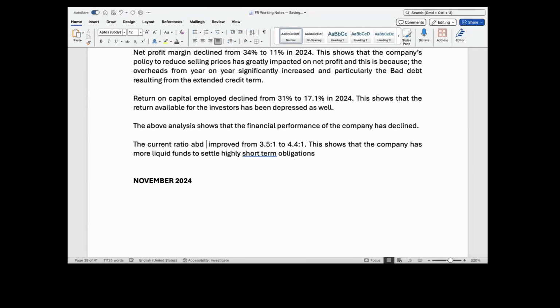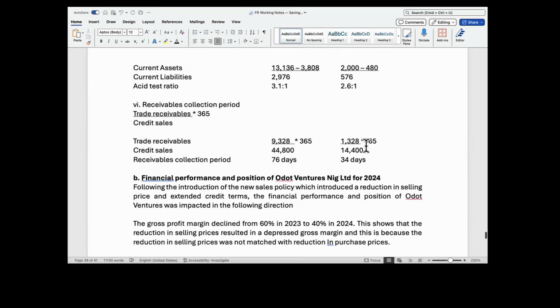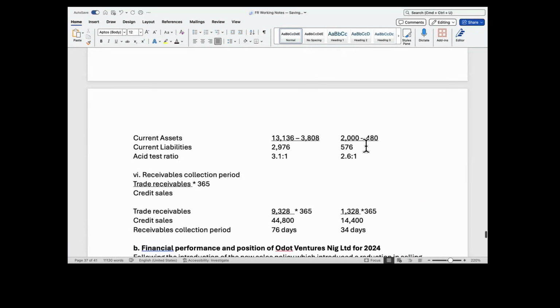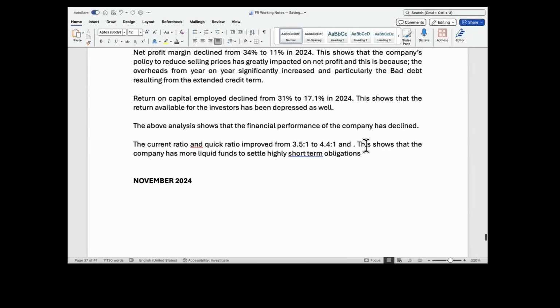The current ratio and quick ratio, or acid test ratio. Let me put them together. I can put them together: 2.6 to 3.1, so 2.6 ratio 1 to 3.1 ratio 1 respectively.